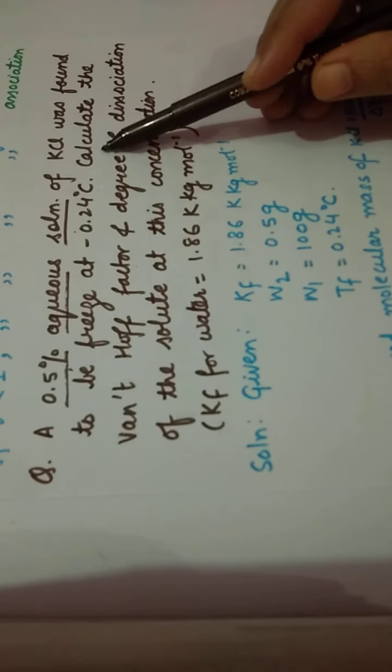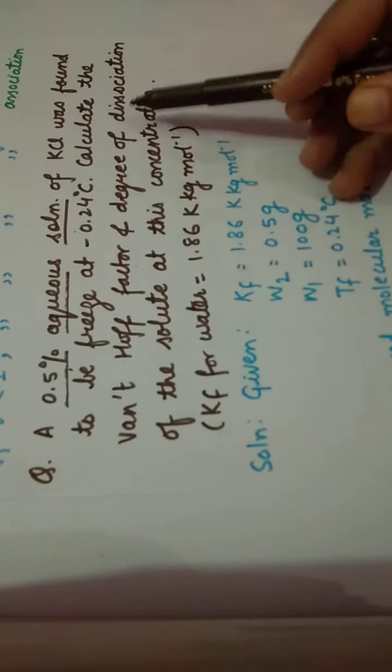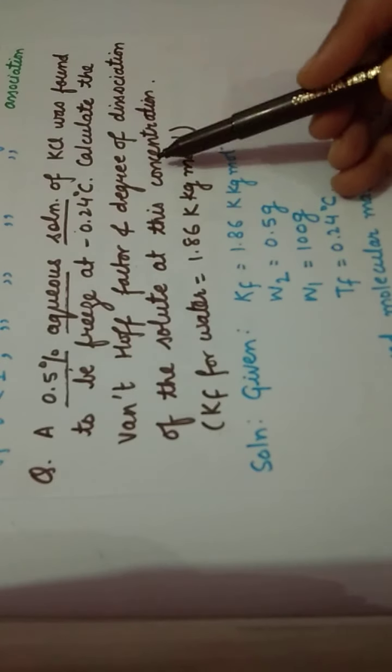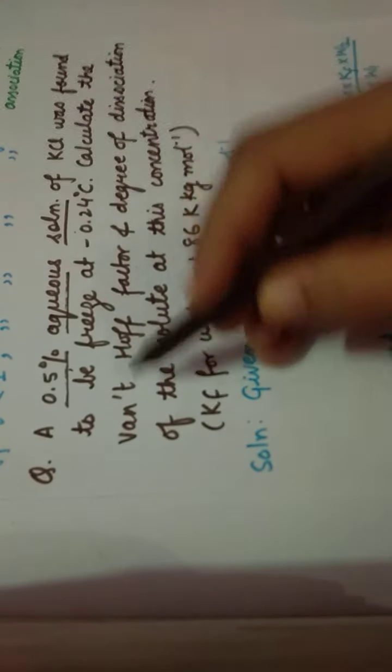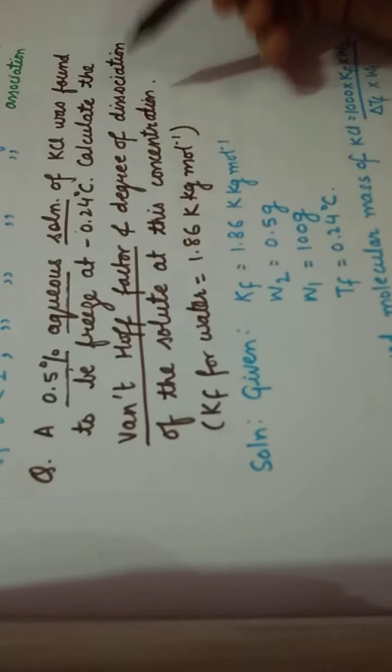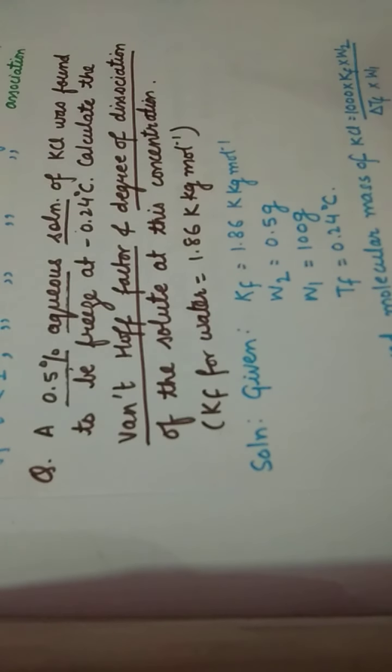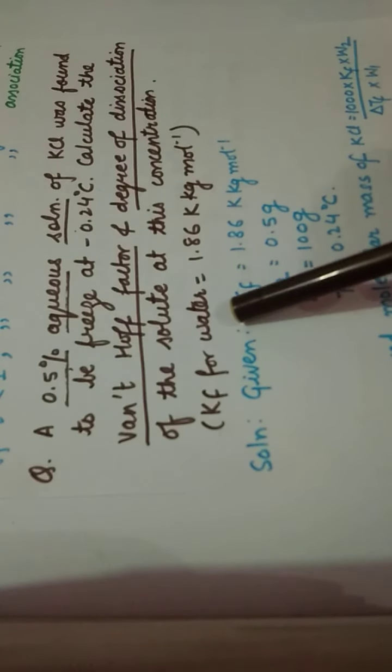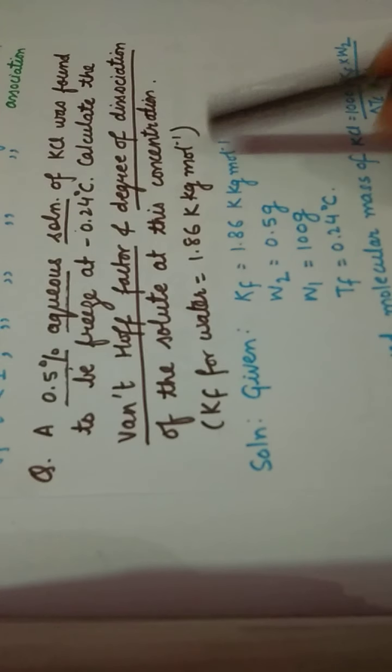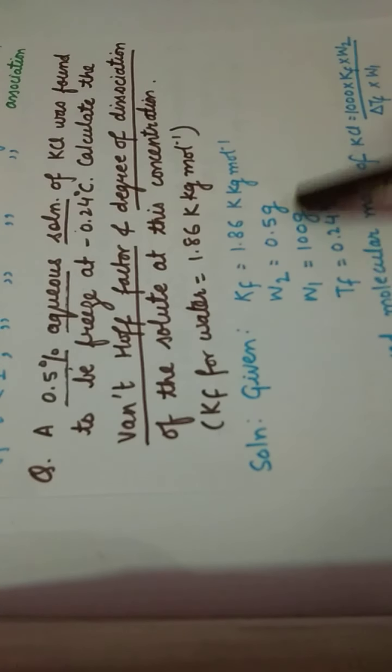What is asked? Calculate the Van't Hoff factor and degree of dissociation of the solute at this concentration. Firstly, you need to find the Van't Hoff factor, and then the degree of dissociation of the solute at this concentration. Here in this question, Kf for water is given as 1.86 kg per mole. Children, here freezing point is included.